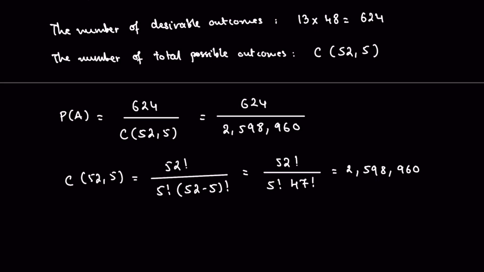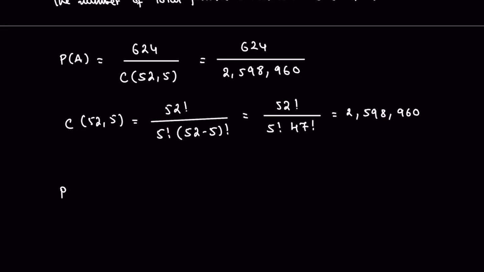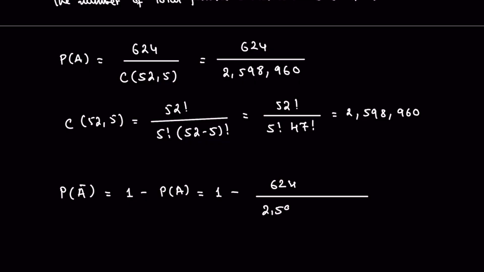Now, what is the probability of not getting a 4 of a kind hand in the standard 5-card poker hand? You want to calculate P of A bar, which is equal to 1 minus P of A, which is equal to 1 minus 624 divided by 2,598,960.